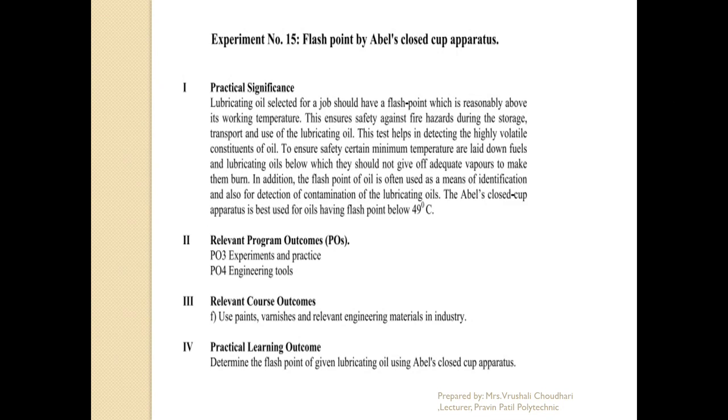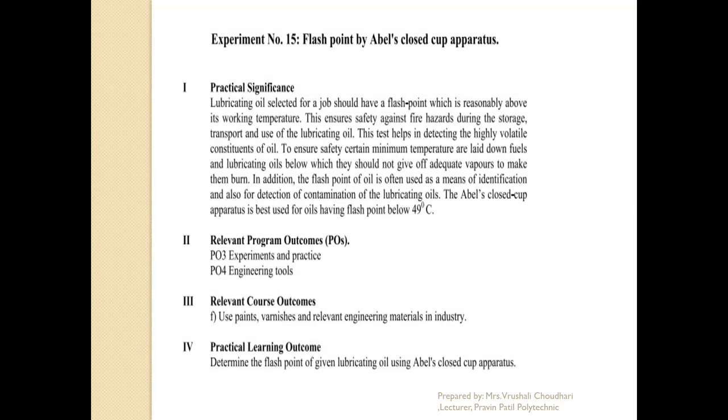Practical learning outcome: it determines the flash point of a given lubricating oil using the Abel closed cup apparatus. The Abel closed cup apparatus is used for oils with a flash point below 49 degrees Celsius, while the open cup apparatus is used for oils with a flash point above 49 degrees Celsius.